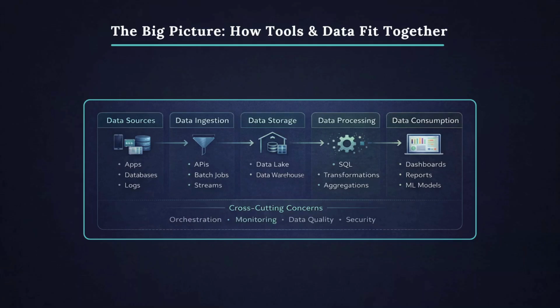After that, the next stage is data ingestion. This is where the data is brought from all the source systems into the data pipeline. Ingestion can happen in different ways, like using APIs, batch jobs, or streaming systems. At this stage, you might use Python scripts or Spark or data ingestion tools like Fivetran or Airbyte for the ingestion purposes.